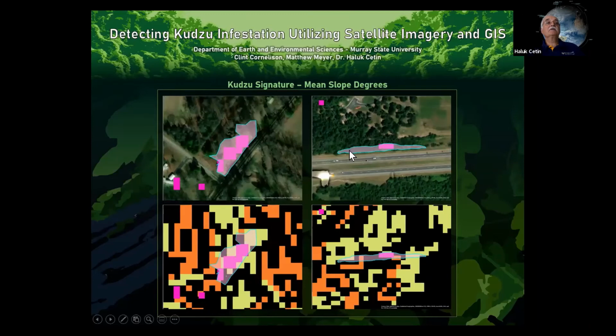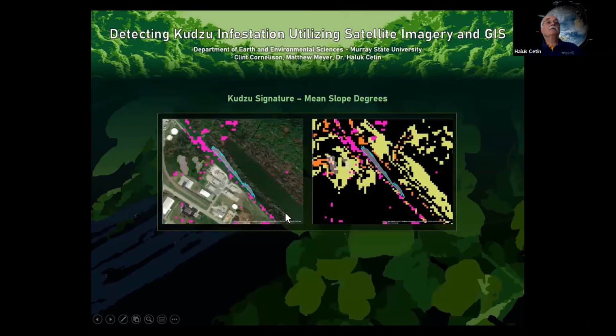This is another example, where he could pinpoint the location along the highway, and more examples, showing classification versus known locations.